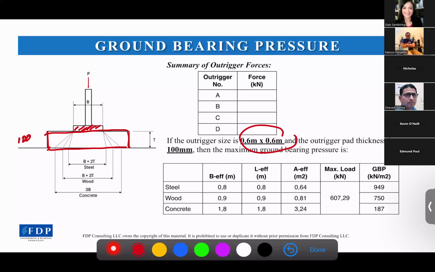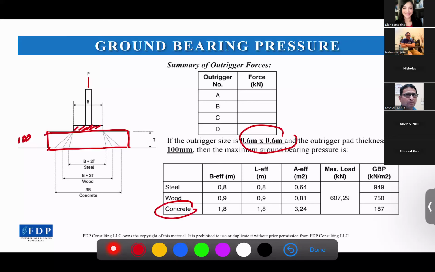As we can see in the table, I assume the bearing pad material in three different materials, and if we compare the three of them, the biggest area belongs to the concrete here.